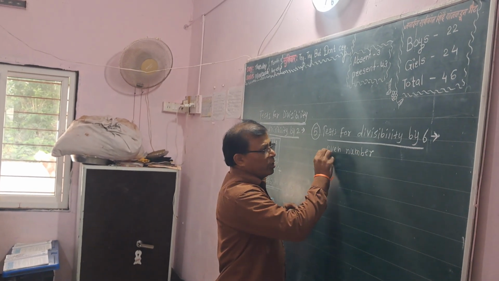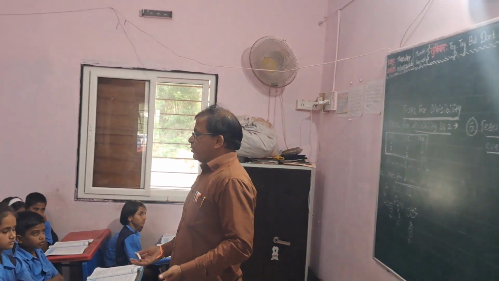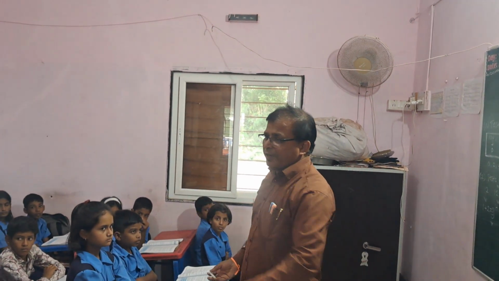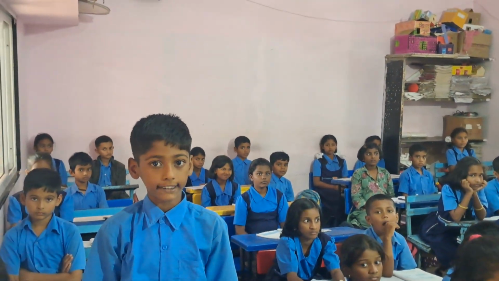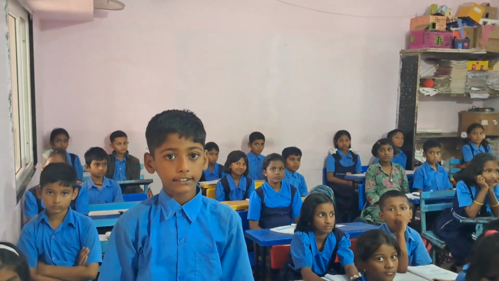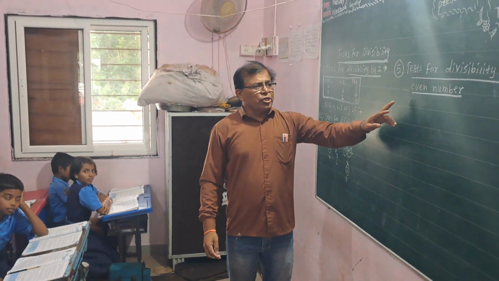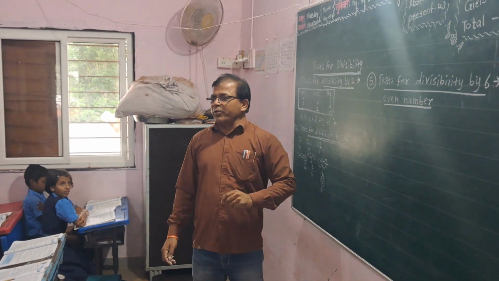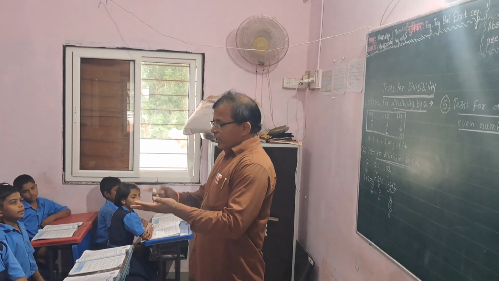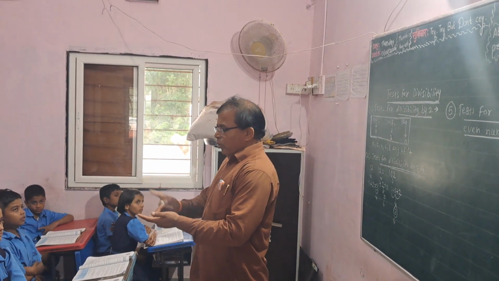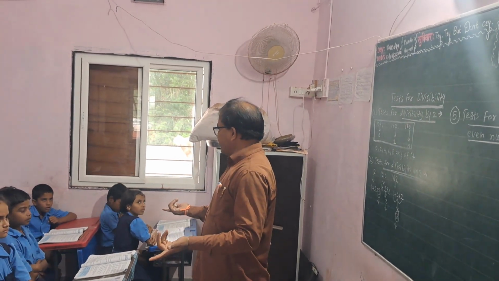We know the even number. Who can tell me the definition of even number? The number whose unit place digit is 0, 2, 4, 6, 8, any of it, is called an even number.